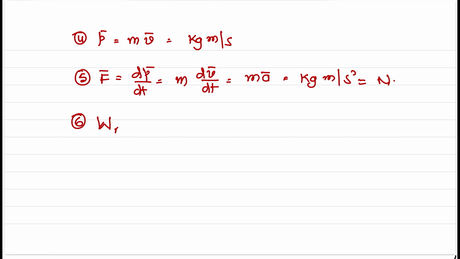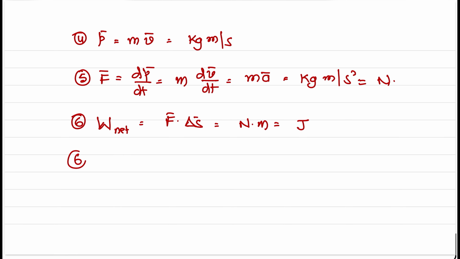Sixth one, work done is equal to force into displacement. Force is Newton, displacement meter, Newton meter is equal to Joule. Next, kinetic energy, T is equal to half into mv square. Energy and work are scalars.